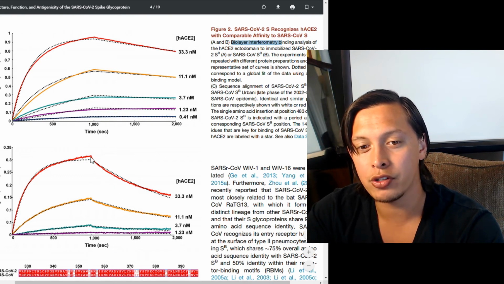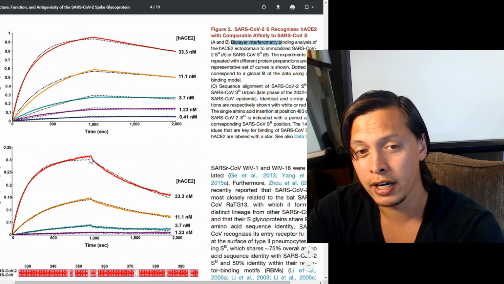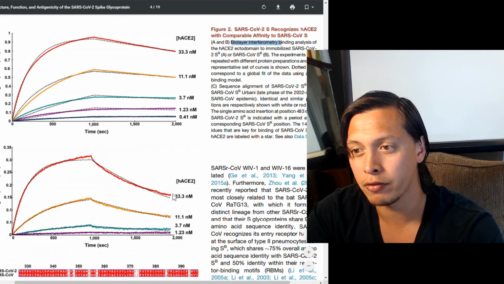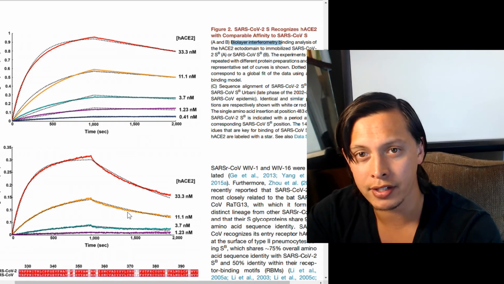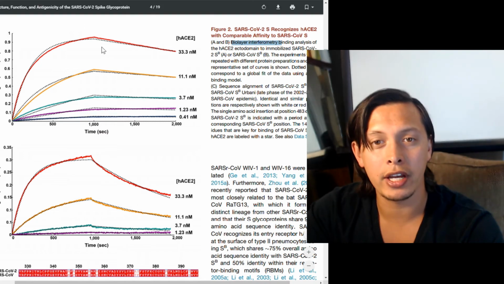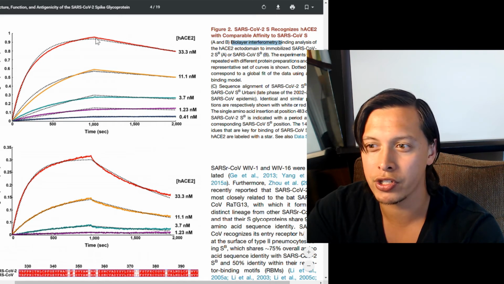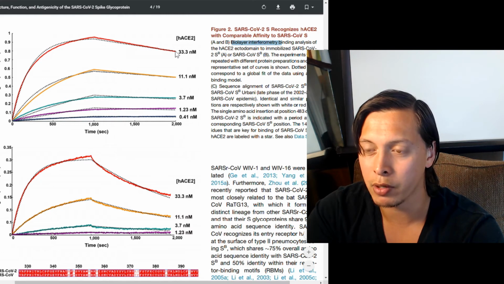As you do the wash, look at how quickly the ACE2 receptors are falling off of your spike protein for the old SARS coronavirus. And that's happening here as well. Now look at the new SARS coronavirus. You do the wash, and it's an excruciatingly slow process to get back to equilibrium.